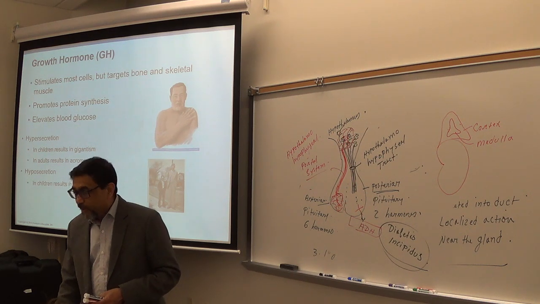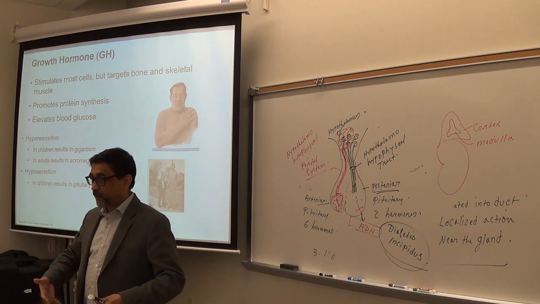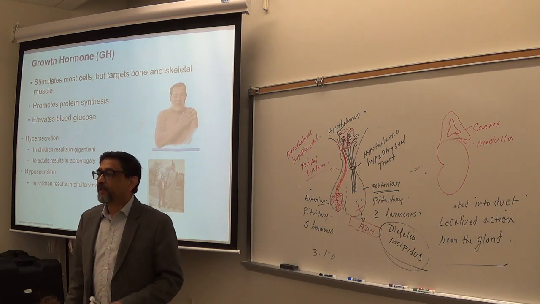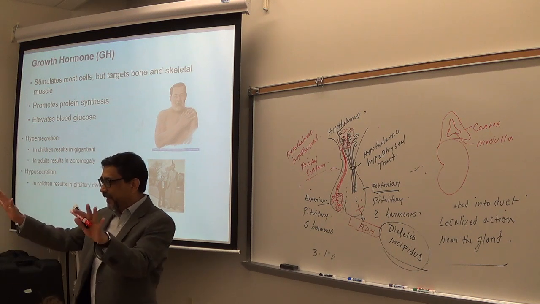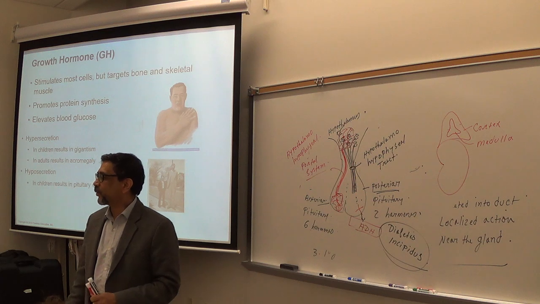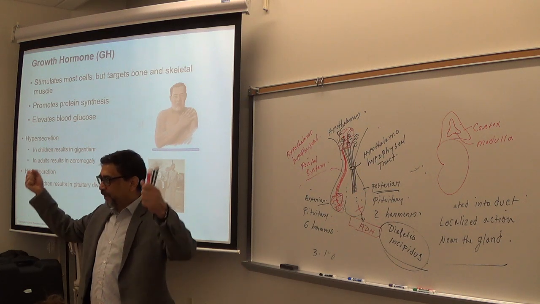Now, when the body is growing, that means in the early stage of life, if growth hormone secretion is more than normal, normal is needed, right, for normal growth. If it is more than normal, then the person will become what? Grow very fast, right?